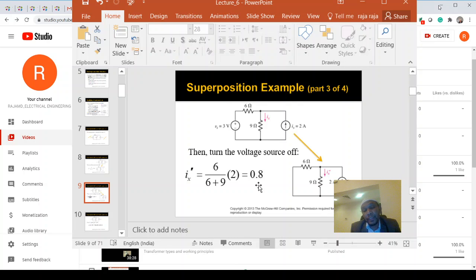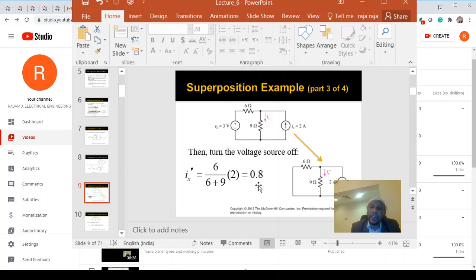Also, initially I asked the question, how much current do we get because of source A, that is the 3 volt voltage source? That is Ix dash, 0.2 only, but from the current source we get 0.8. So the more current comes from the current source, and we can analyze that from this problem.